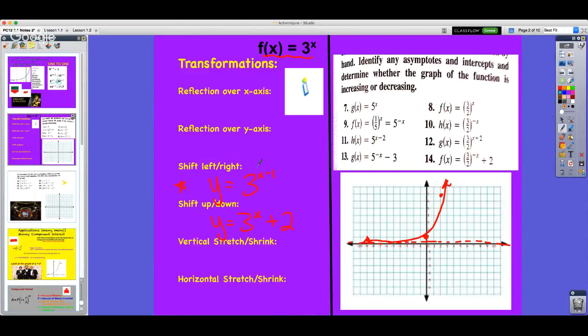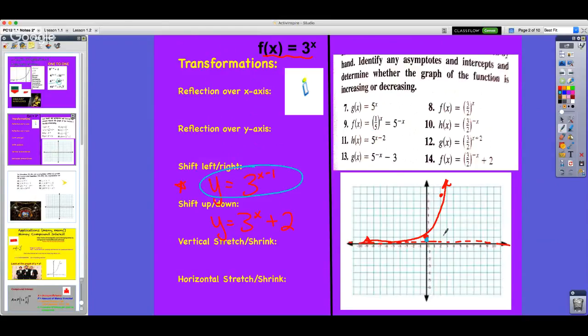What if we did 3 to the x minus 1? I plugged in the same numbers. Plug in 0, okay? What's 0 minus 1? What's 3 to the negative 1? 1/3, right? Do you need me to show you that, or are you all good? Because you flip it with the negative exponent. When I plug in 0, you're going to get 1/3, which is kind of lower. What if I plug in 2?